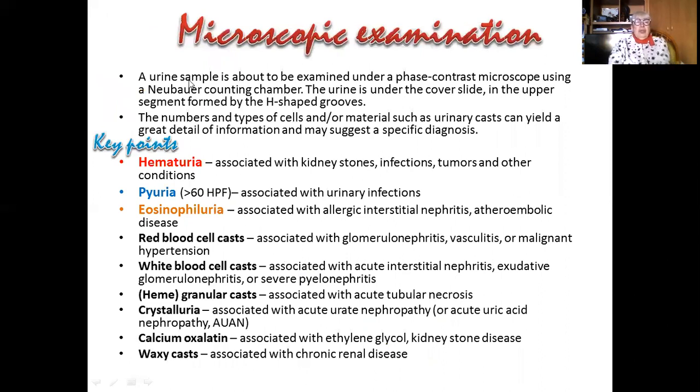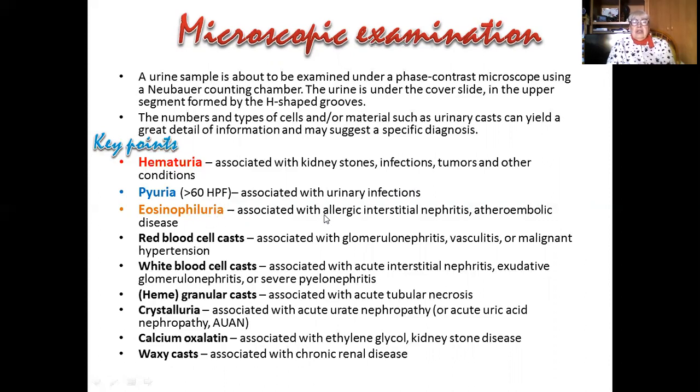So let's go to the disorders and keep in mind what we have to know. Gross hematuria, erythrocyturia more than 100 in high power field of the microscope, will be associated with kidney stones, infections, glomerulonephritis. Leukocyturia more than 60 in high power field of the microscope will be pyuria associated with urinary infection.